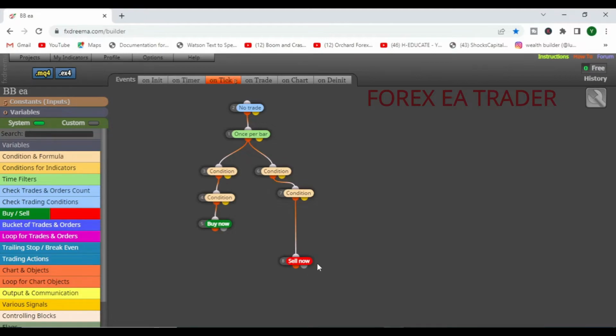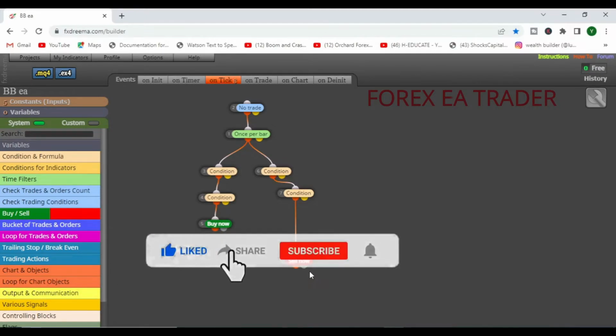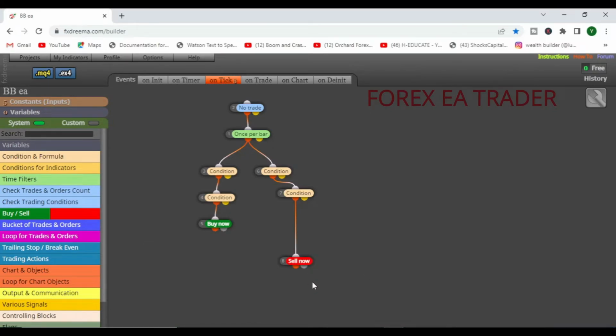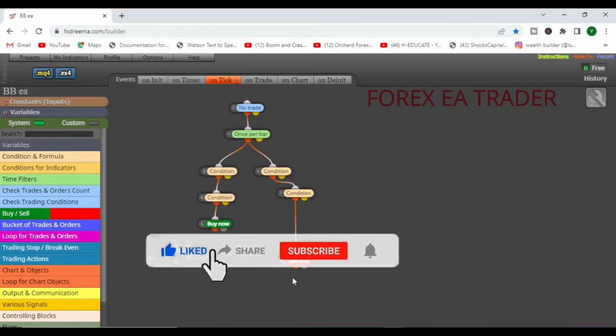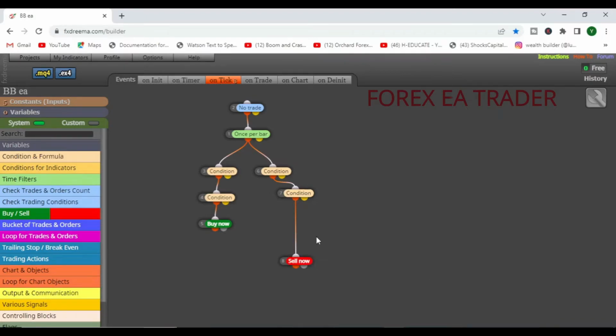That's basically what you're going to do. And if you lose that trade again, you are going to multiply it again by 2 so that you recover the 2 trades that you lost. If things go your way, obviously at least you can recover the losses that you made. So that's basically how Martingale works.